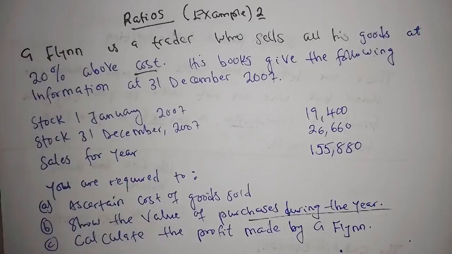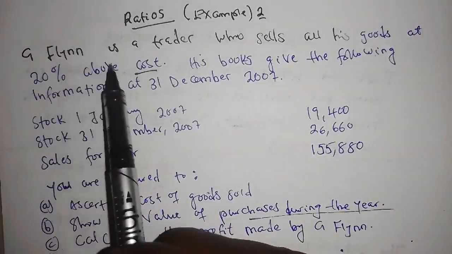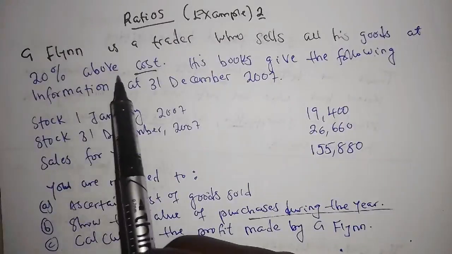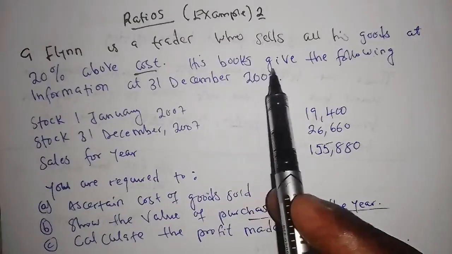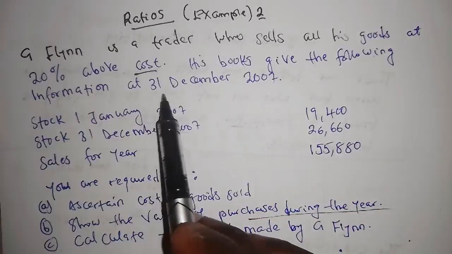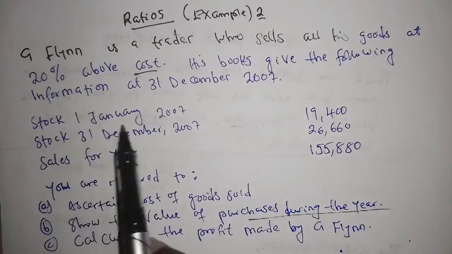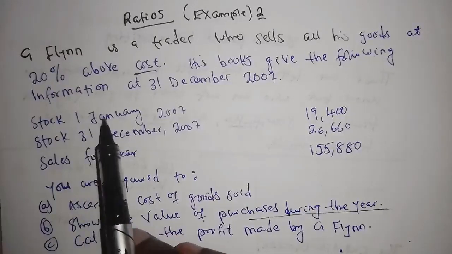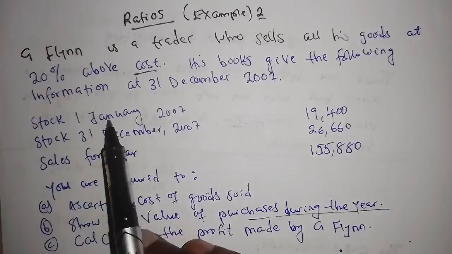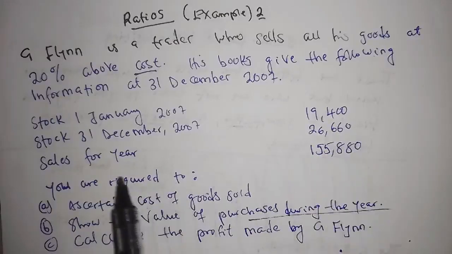G Flying is a trader who sells all his goods at 20% above cost. His books give the following information at the 31st December 2007. Stock on 1 January, which is also called inventory, is 19,400.